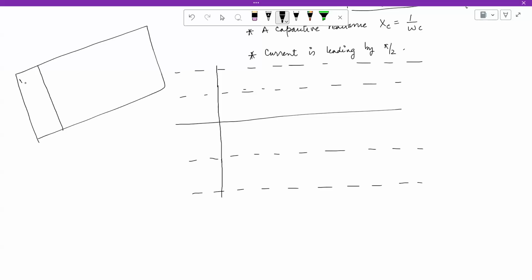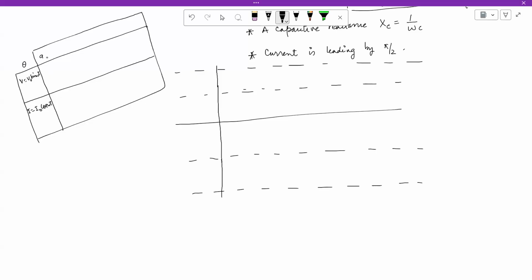This is V naught sine omega t, and then this is I naught cos omega t, right? So what do we have? This is theta.